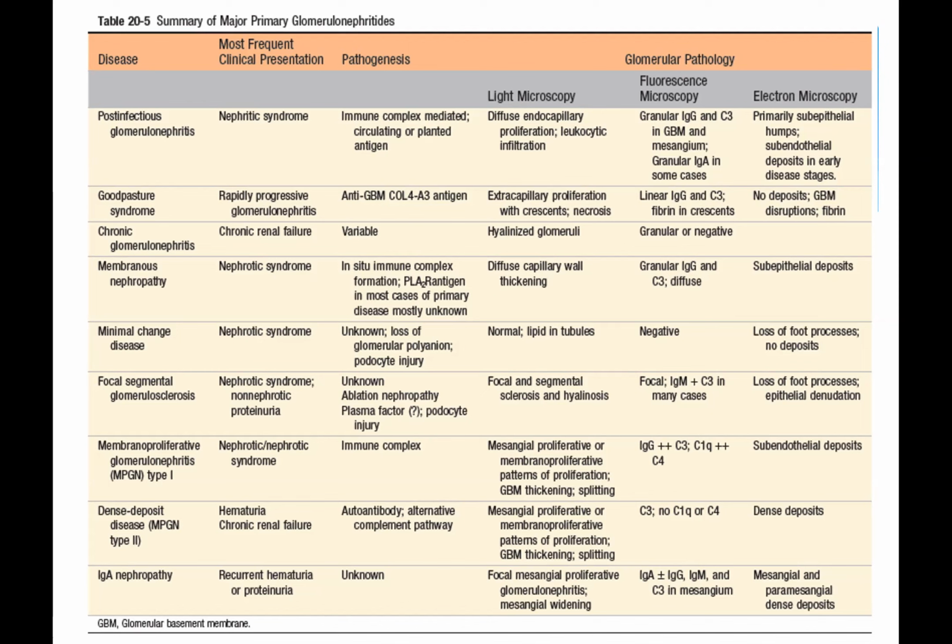If you are following, as I have said, most glomerular injury arises from antigen-antibody complex deposition. So as you can see here, we have markers that are employed, and you are expecting either a granular or a linear pattern. Now, if you look at the second column, there come again the terms nephritic or nephrotic.